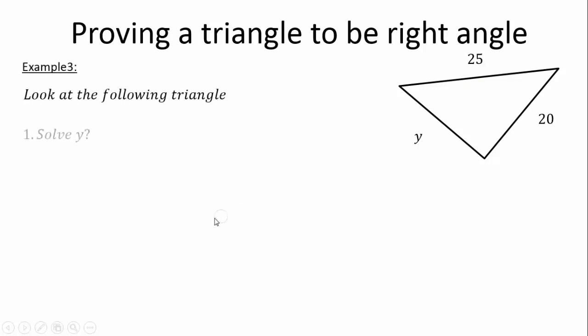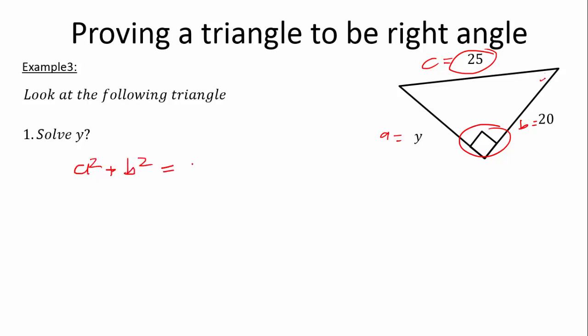Okay, let's have a look at the example. Solve for y. We know this is a right angle triangle. It would not be possible if we didn't have that right angle triangle. So now we're going to say that this must be our c. That must be c. This could be a. That could be b. That is our hypotenuse. Remember, write down hypotenuse here. We're going to use the Pythagoras formula.